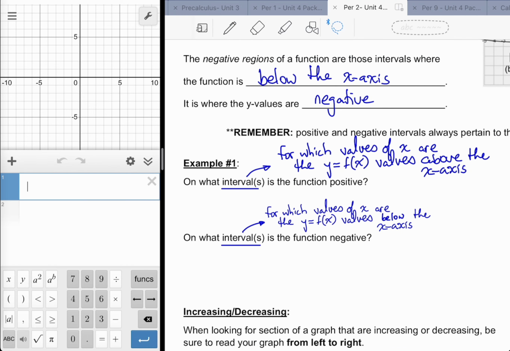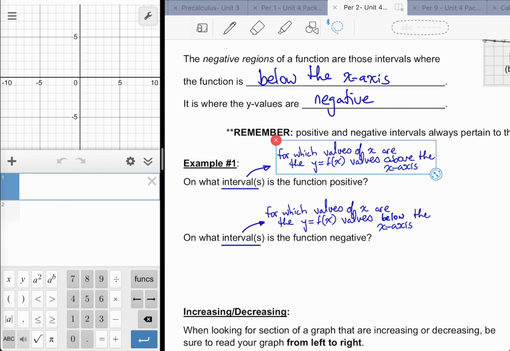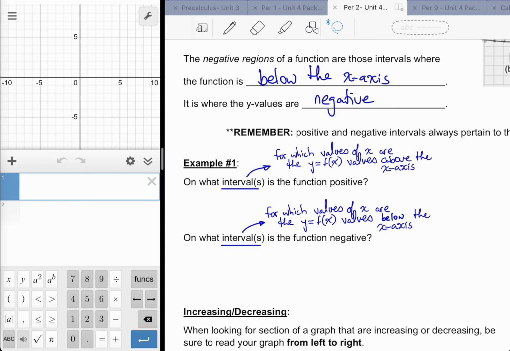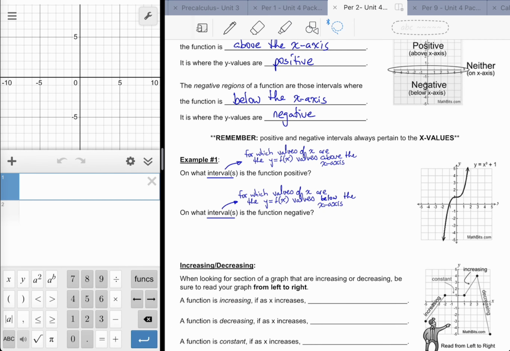Let me do a little shrinky dinky here. All right, but this is asking us for intervals, is asking for domain. So when I look at the graph, I can identify the parts that are above the axis and the parts that are below. I could also identify the part that's on the x-axis.